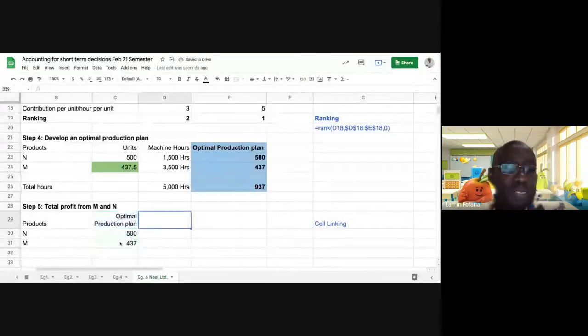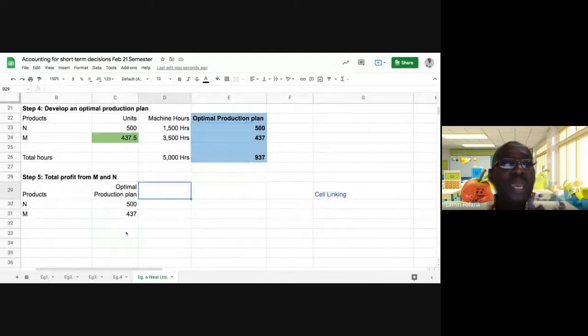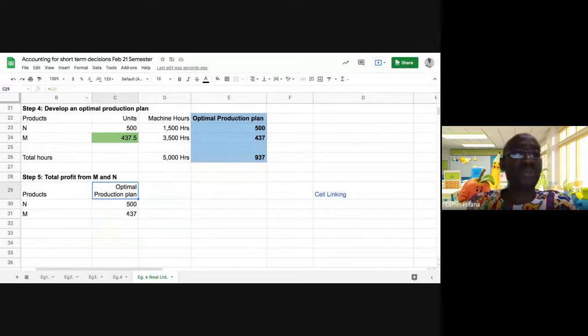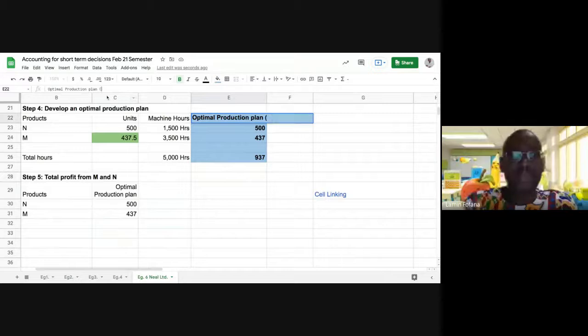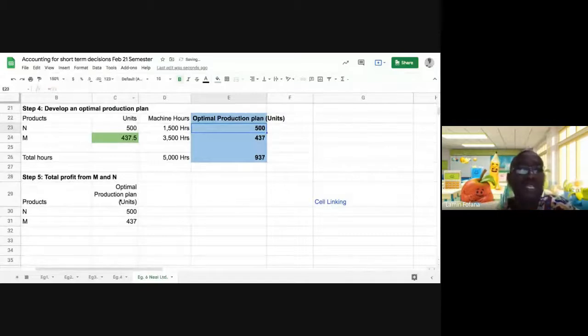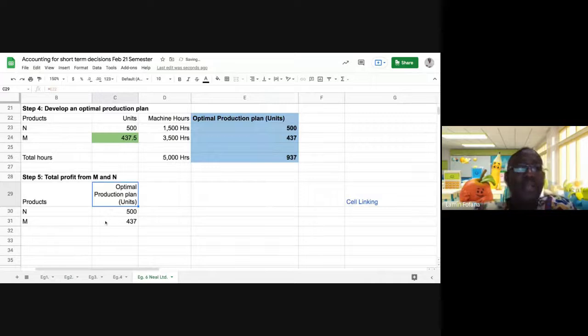So we have our optimal production plan. These are in units, so I just put optimal production plan in bracket, units. Close this, enter. You see, once I did that, units has been replicated here.